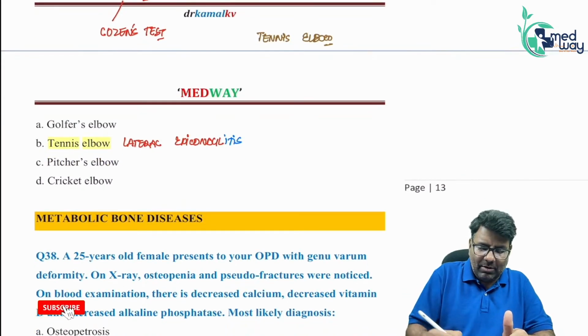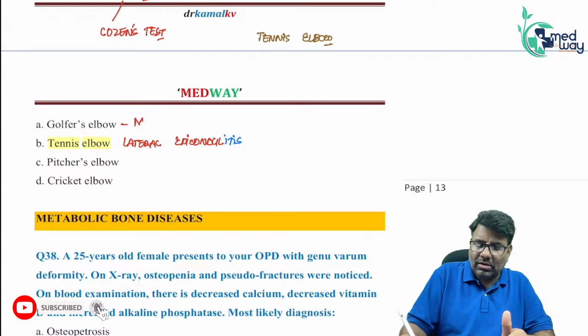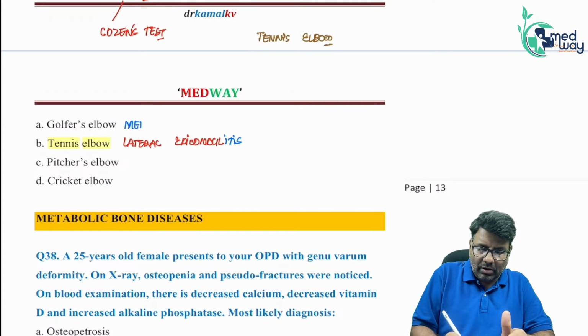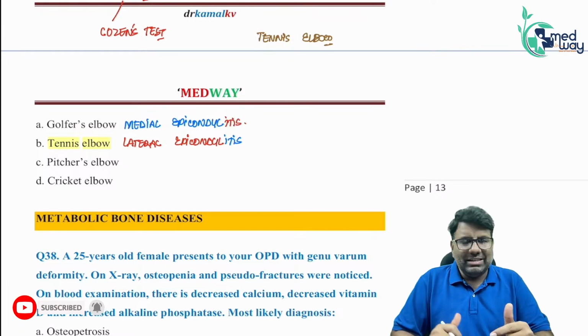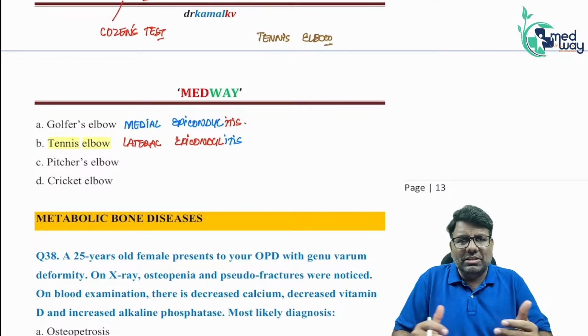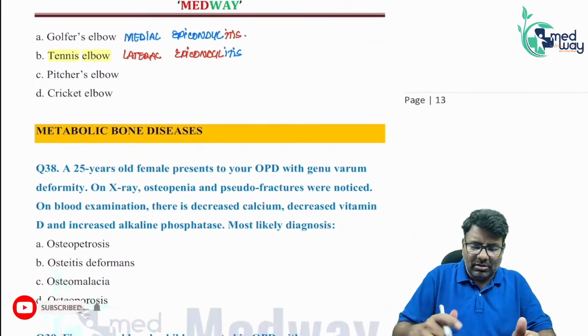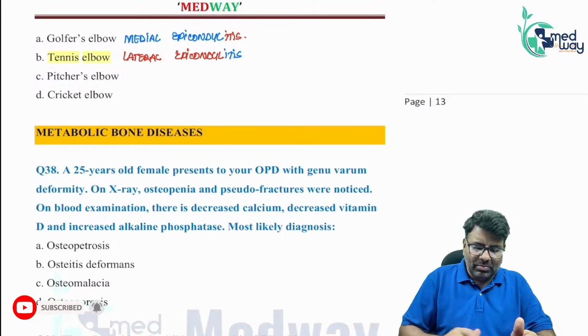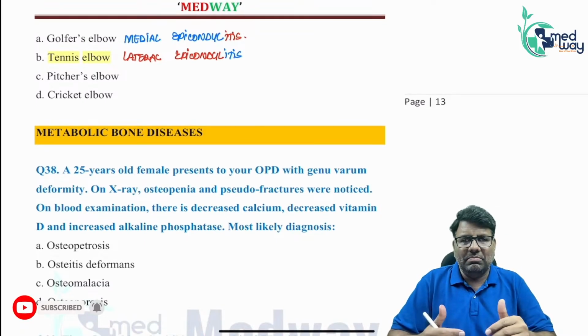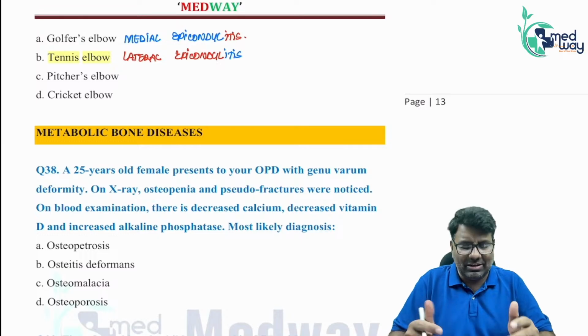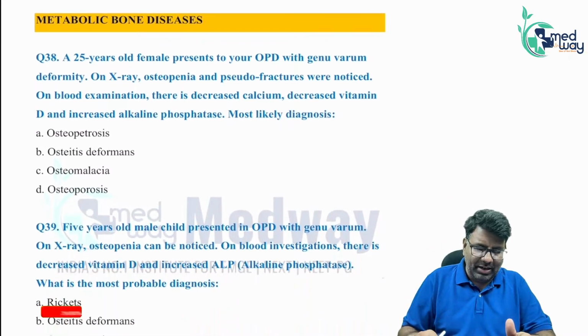And golfer's elbow is known as medial epicondylitis. Clear? So tennis elbow, yes, principally it is seen in players who play tennis, but it can be seen with cricket players as well. So classical Cozen's test and classically pain and tenderness over the lateral condyle or epicondyle area.